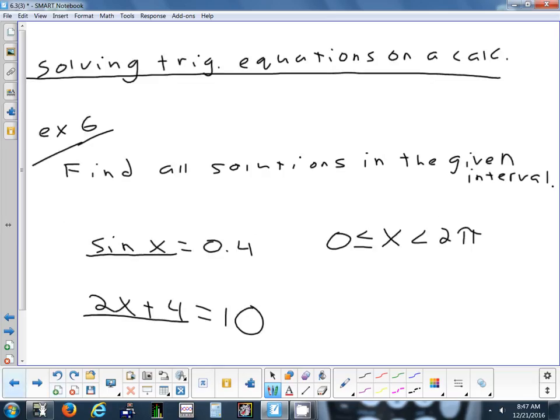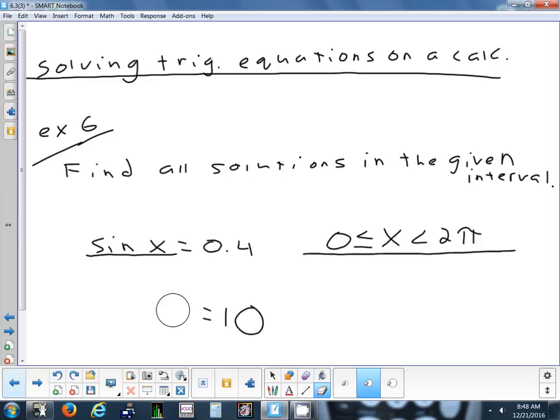But if they ask us to find the solutions within a specific window, they're telling us an x min and an x max, and we're just going to find what they want exactly in that window, and that's it. So for this kind of problem, all we're going to have to worry about is finding a couple specific solutions.